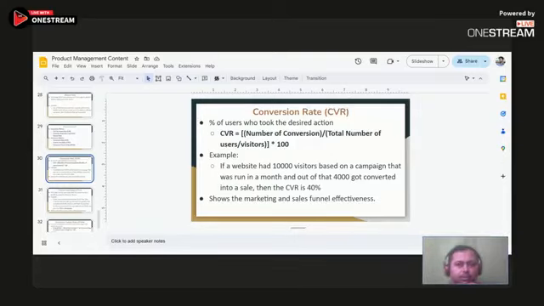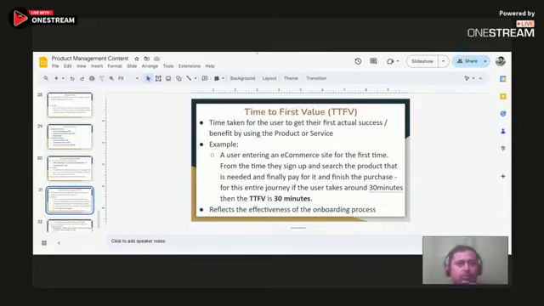Next is time to first value. This is about the time taken for users to get their first success using a product or service, the first actual success or benefit from the time they start using the product.